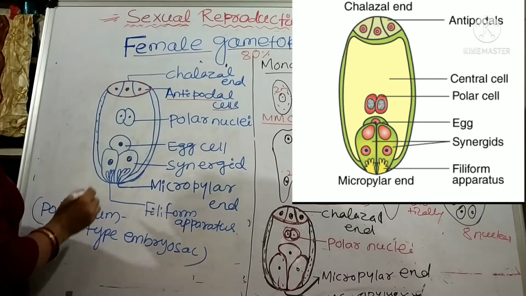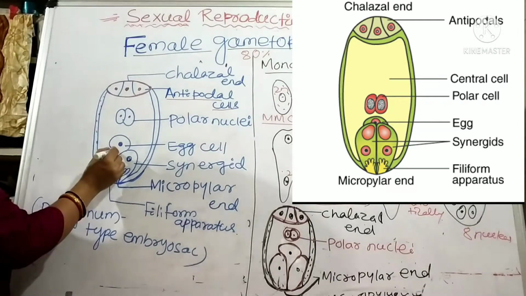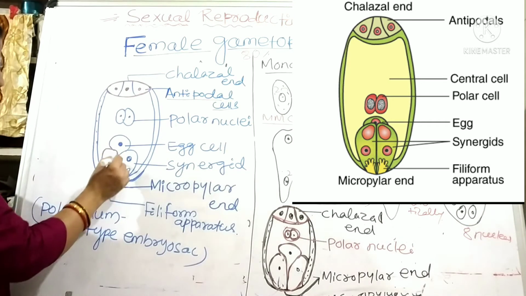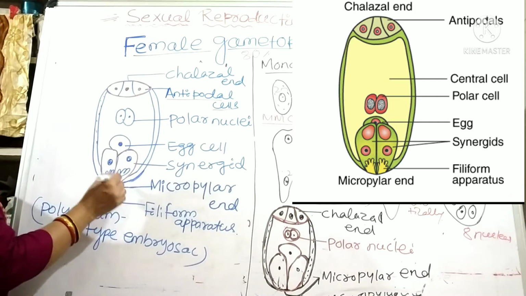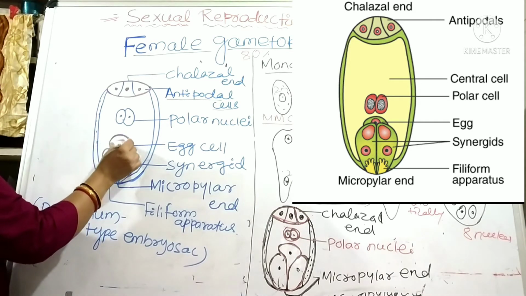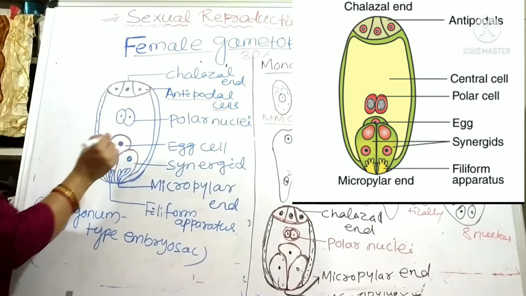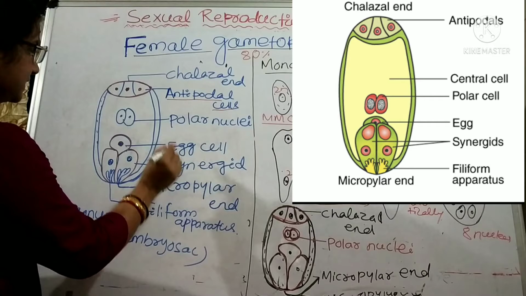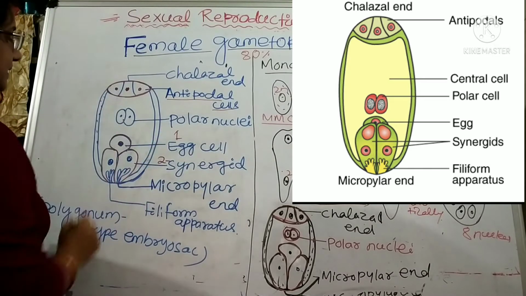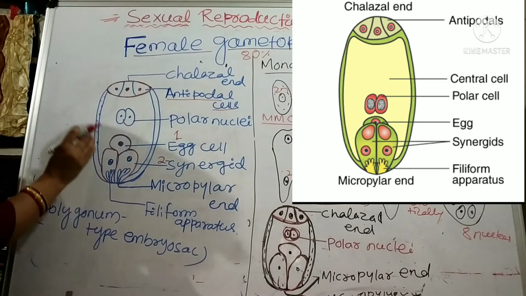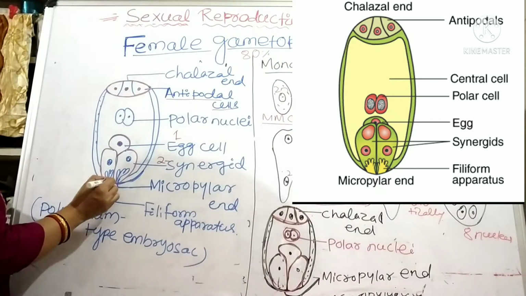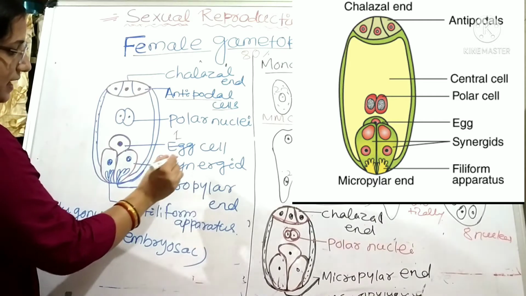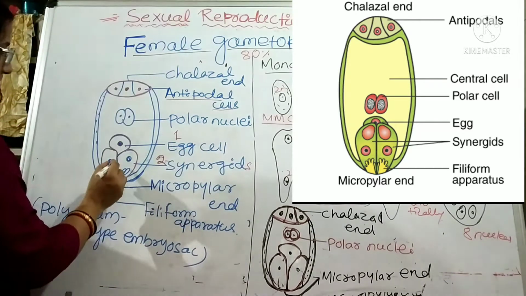Okay, and the 3 nuclei which move towards the micropylar end get surrounded by the cytoplasm, forming the 2 synergids and 1 egg cell. Out of the 3 cells present at the micropylar end, 2 cells are known as synergids.